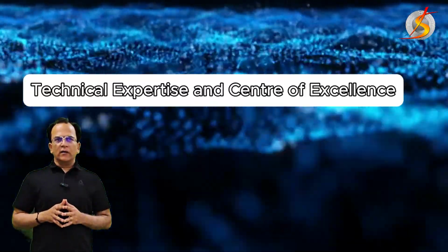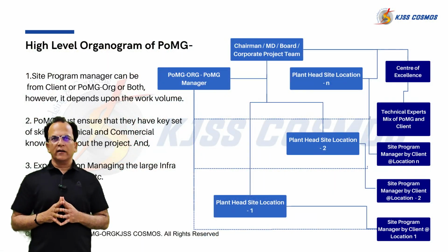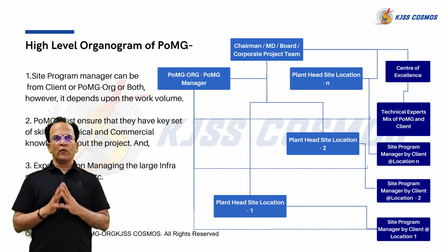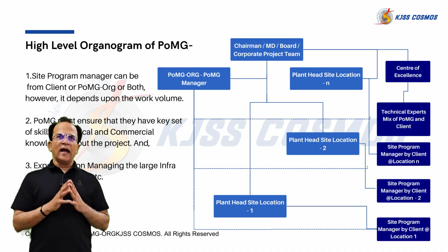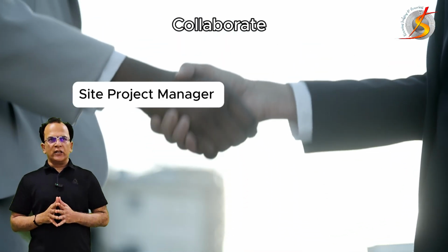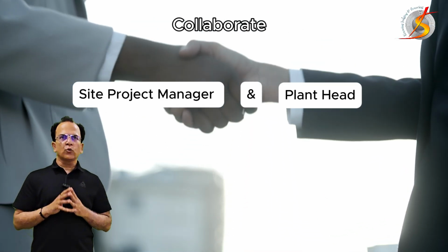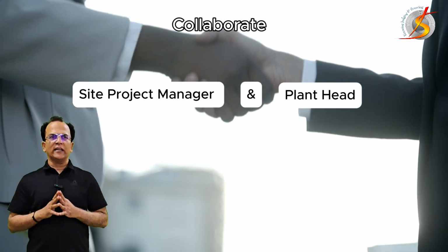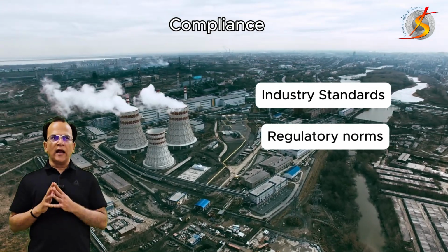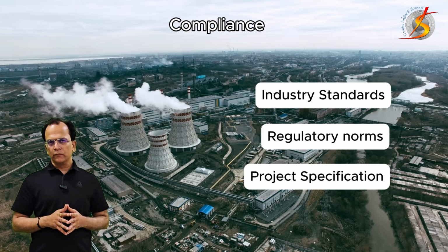Technical experts. Technical experts are a mix of PoMG and client, a dedicated team of subject matter experts providing technical insights and execution support. They collaborate closely with the site program manager and plant heads to resolve any technical challenges. They ensure compliance with industry standards, regulatory norms, and project specifications.